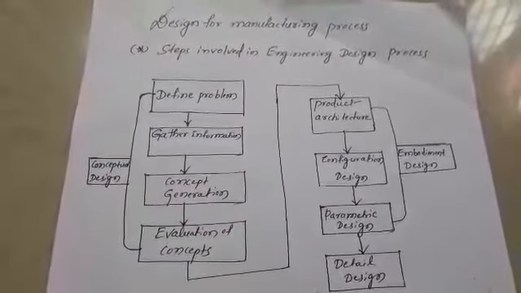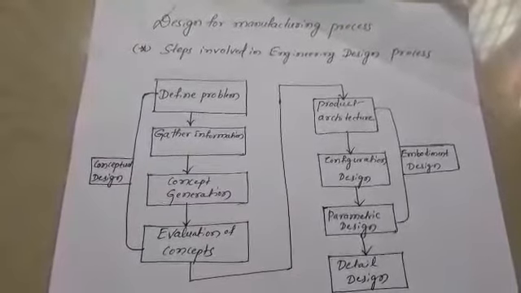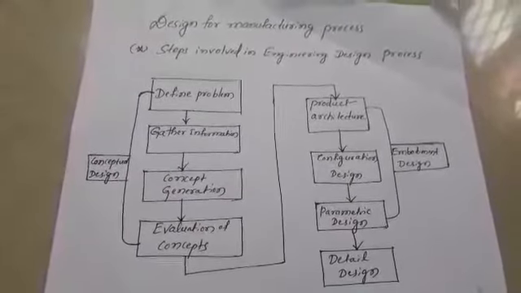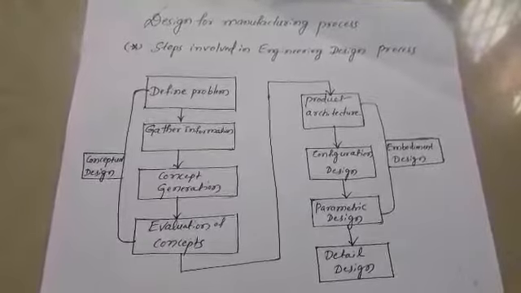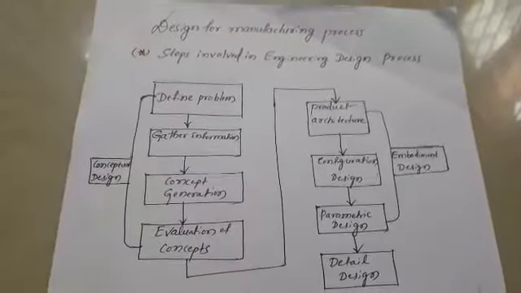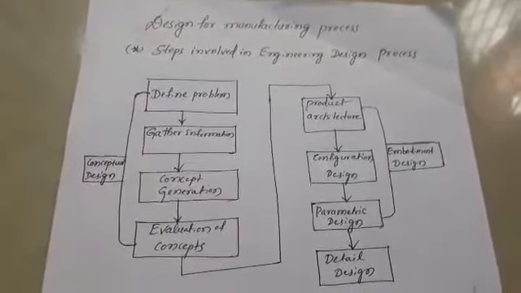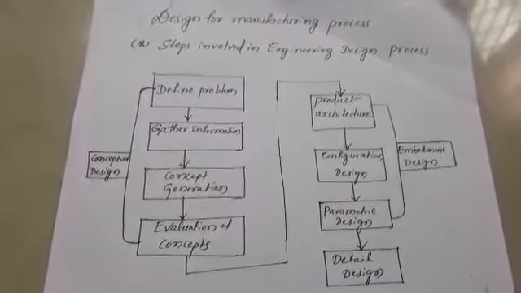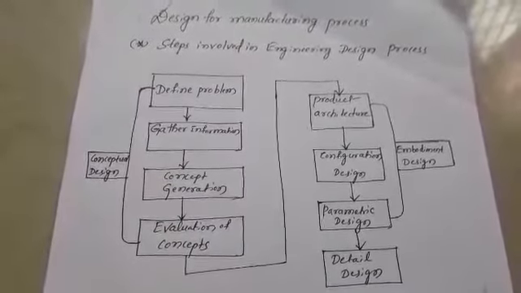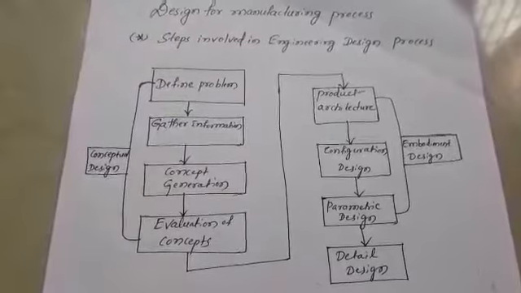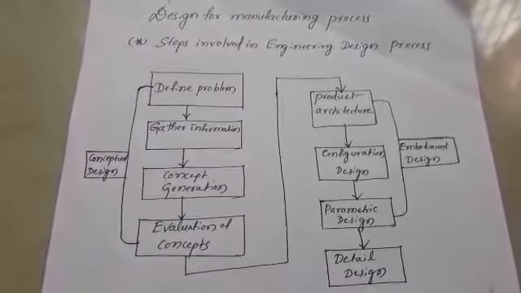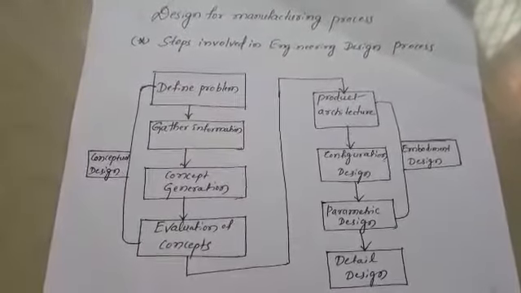Next, we'll move to the embodiment design. In the embodiment design, generally three major tasks are considered. The first one is product architecture, the second is configuration design, and the third one is parametric design.